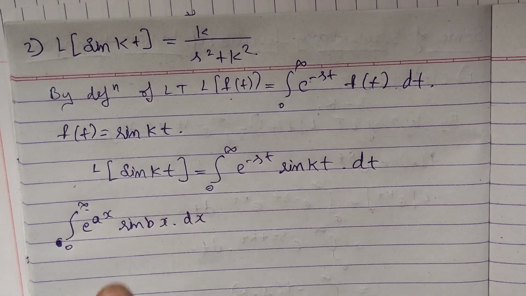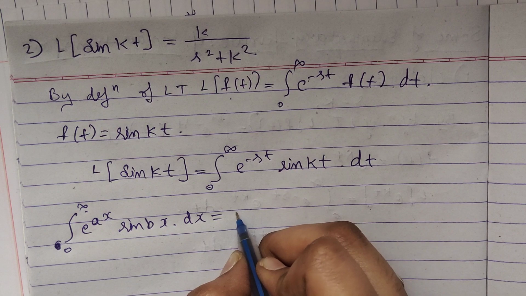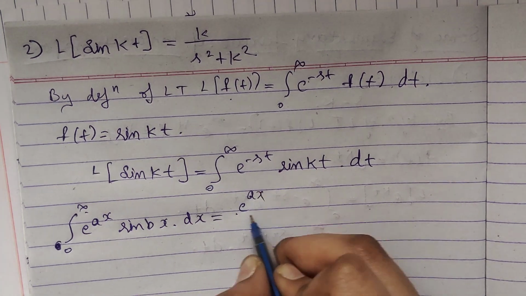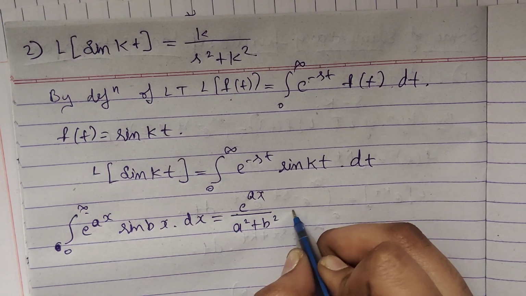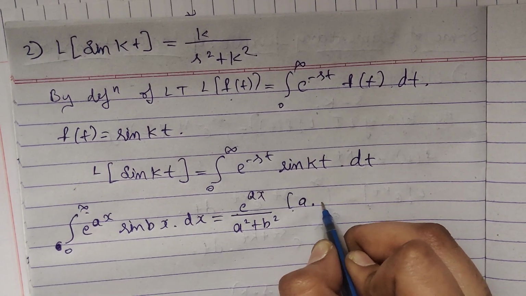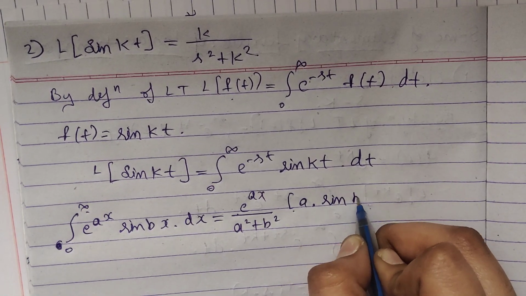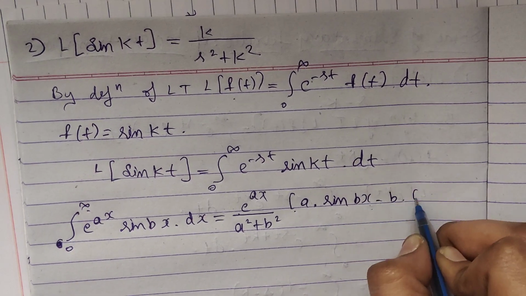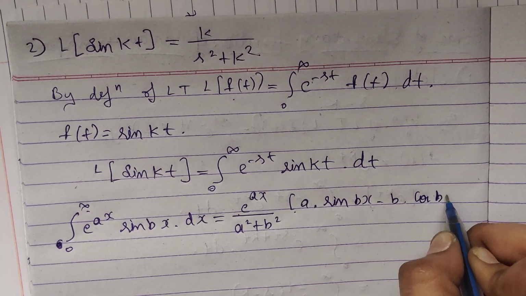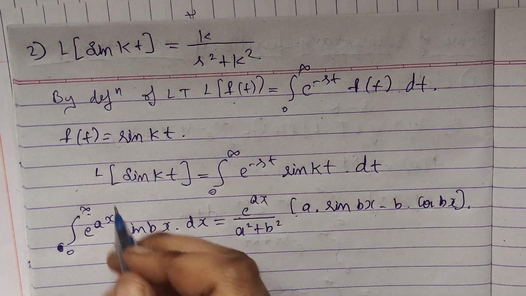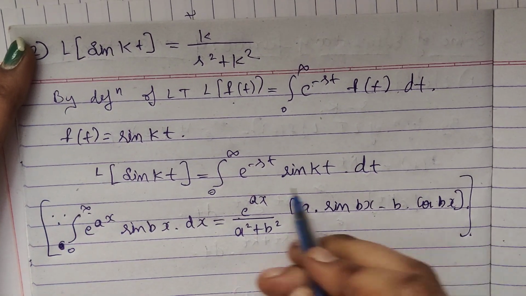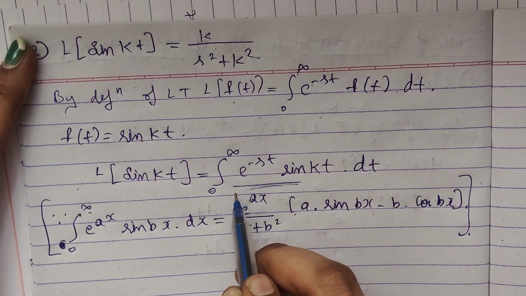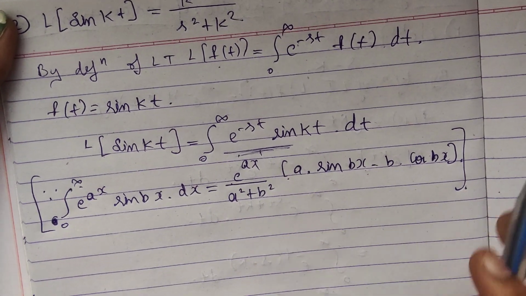In this formula we are going to apply e power ax divided by a square plus b square, then a into sine bx minus b into cos bx. This is the formula. So according to this formula we have to substitute into the required solution.